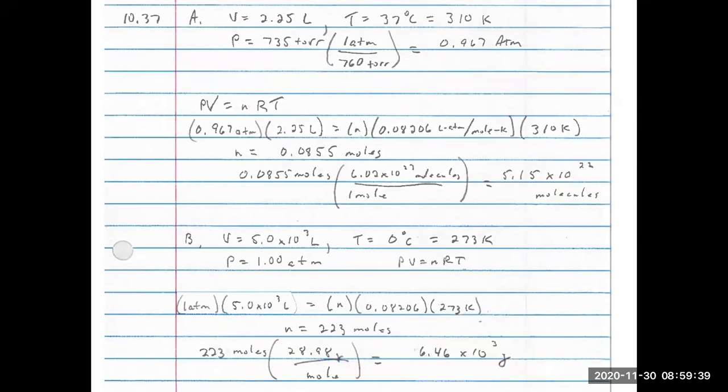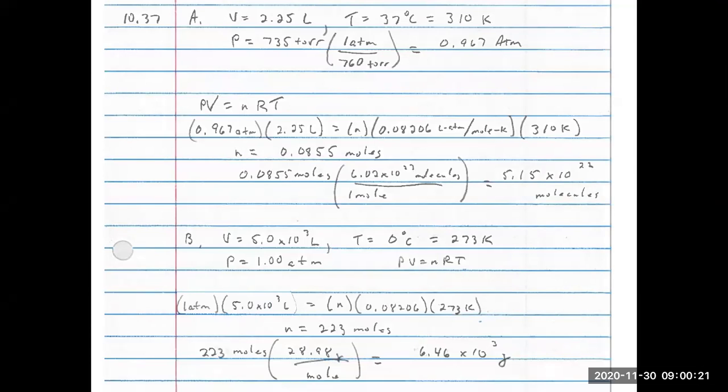We want our pressure in atmospheres because we're going to be using the 0.08206 ideal gas law constant, which has units of liters atmospheres per mole Kelvin. So we can't leave this in torr. One atmosphere is equal to 760 torr, so if we take the 735 torr and divide it by 760 torr, that converts it into atmospheres, and that value is 0.967.